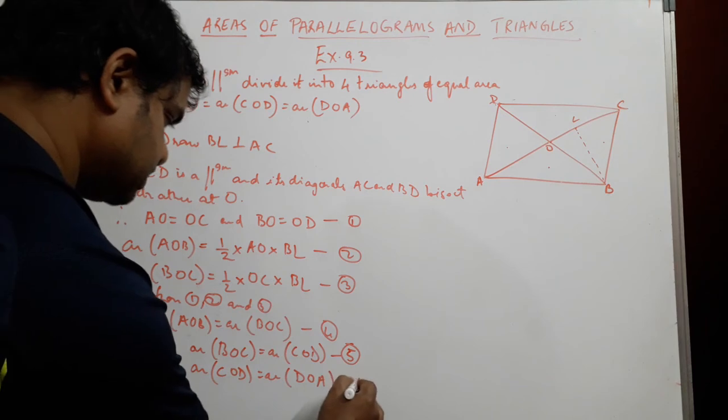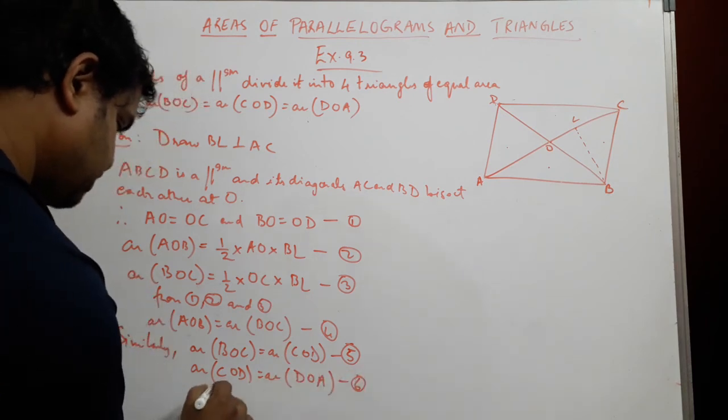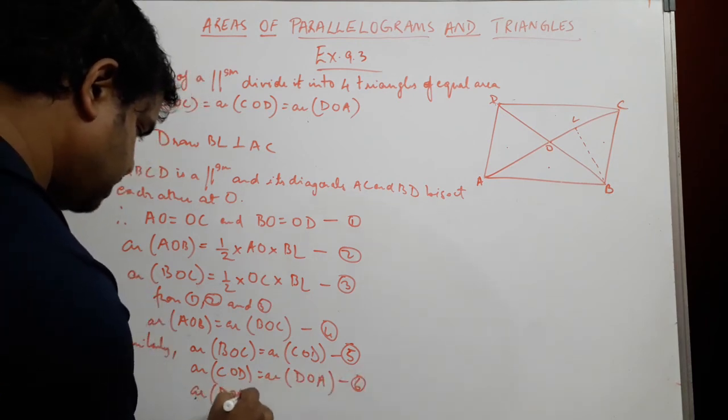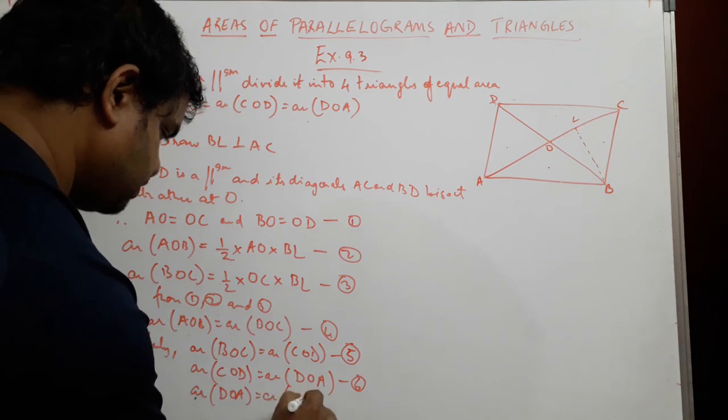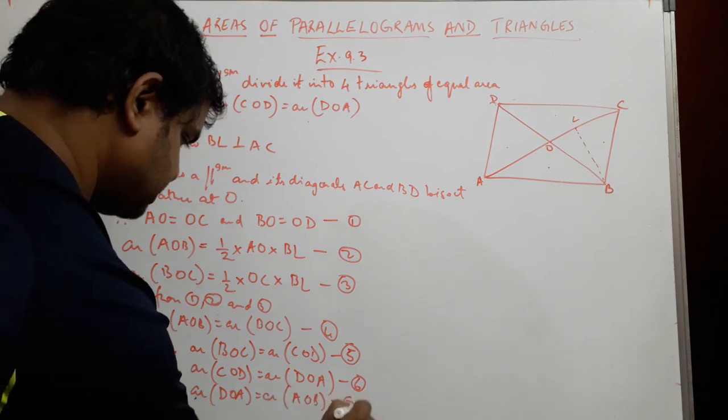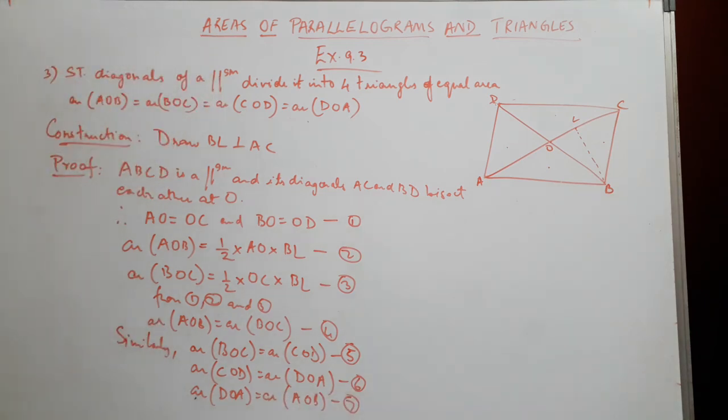Mark this as 6, and area of triangle DOA is equal to area of triangle AOB as 7. There's no need to show individually how all of them are equal to each other, just write similarly.